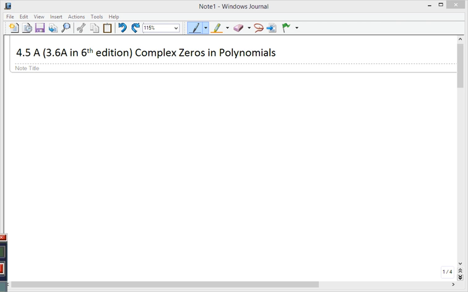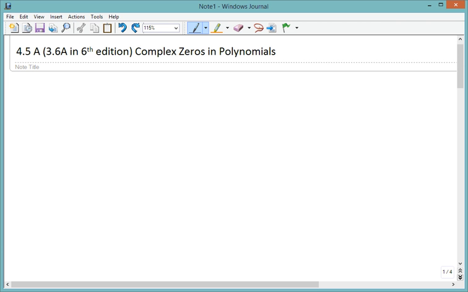And we write our complex numbers in the form a plus bi, where a is a real number and b is a real number, but multiplied by that i. So we refer to a as the real part and b as the imaginary part. But it means that if b is 0, that includes all of our other numbers, all the real numbers, right? So complex numbers include real numbers.